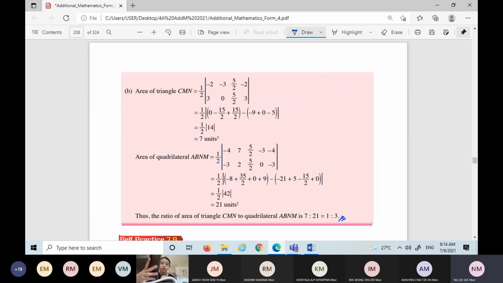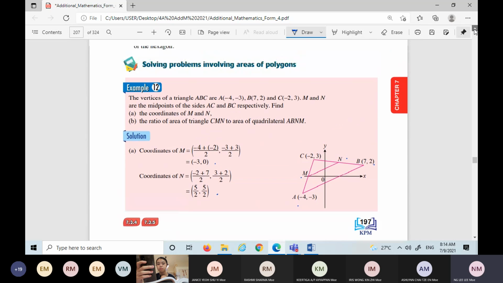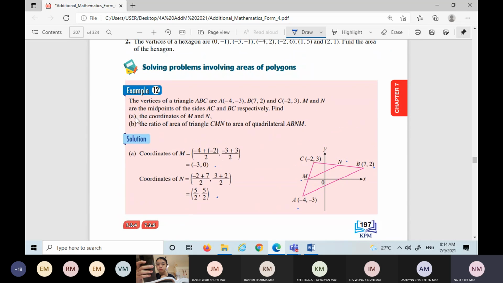As your homework, do this question again. You can just copy this one, or just write out the coordinates of M and N. For this homework, use the midpoint theorem to find the ratio.